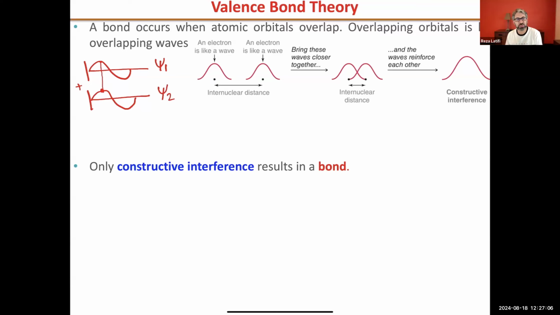When you add them to each other, you will get a stronger wave, stronger than any original one. What does it mean? It means the amplitude of the new wave, let's call it A3, is going to be equal to A1 plus A2. This is constructive interference.